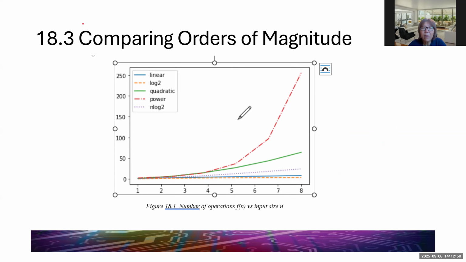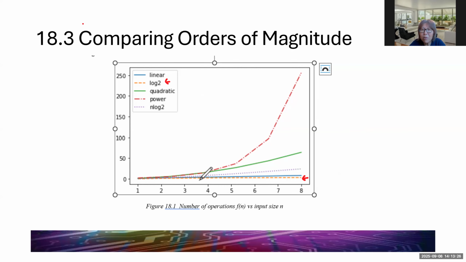The previous slide used a table to compare the different magnitudes of f(n). Here we have a visual, the curves for different f(n). At the bottom is log 2n.